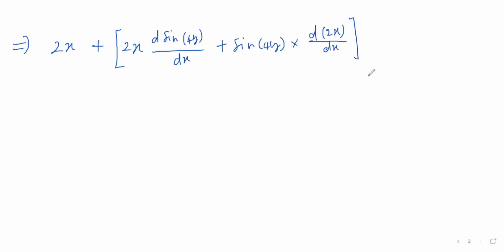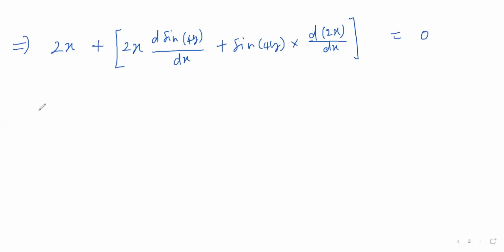So this is the product rule. This is how we apply the product rule. Is equal to 0, which is the right hand side of the equation. It's equal to 0.